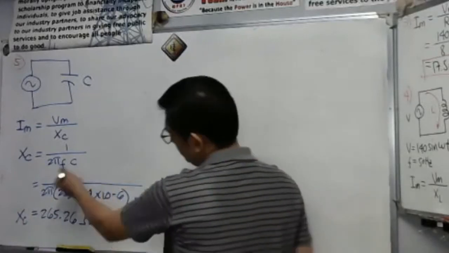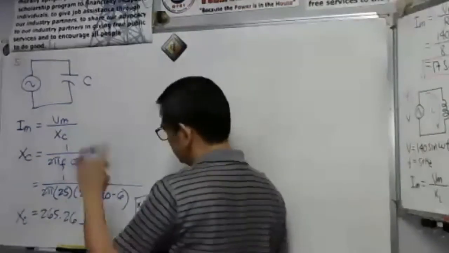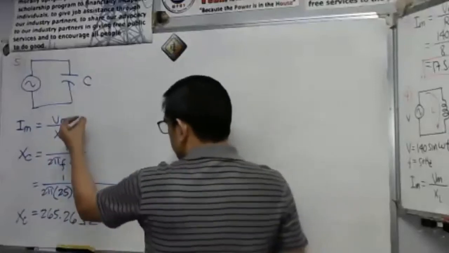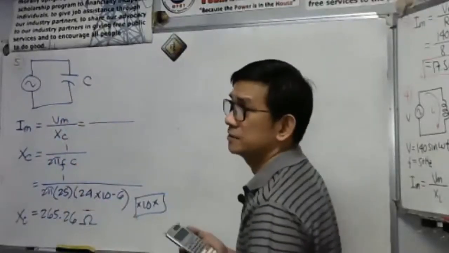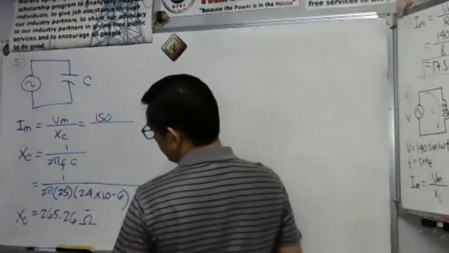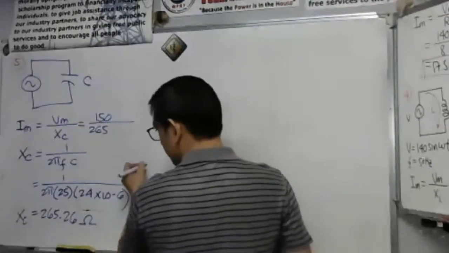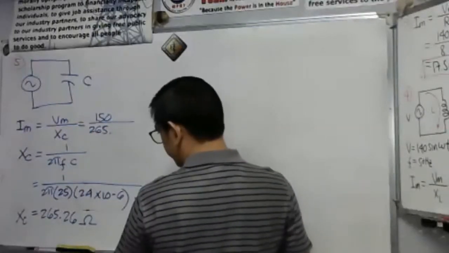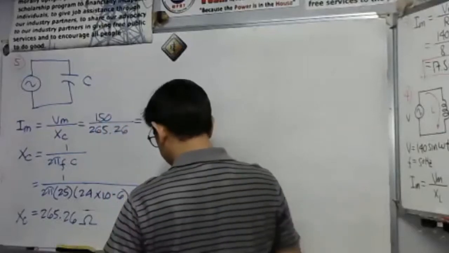So the other student will do first, they will multiply this, then 1 over x, no? No problem about that. Okay, so we have here, our V sub m is how much? 150. That is our given. Then our X sub C is 265.26. So this will be our final answer.